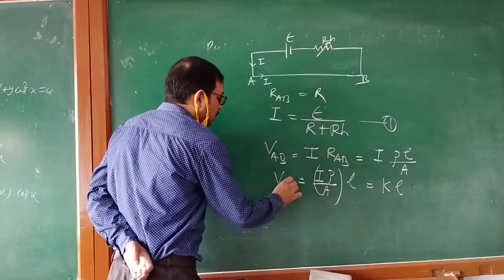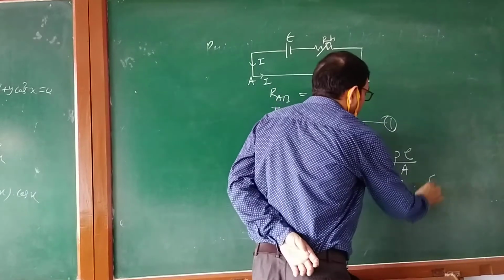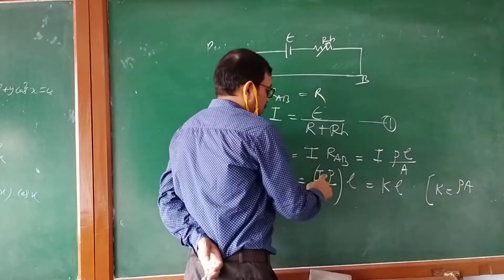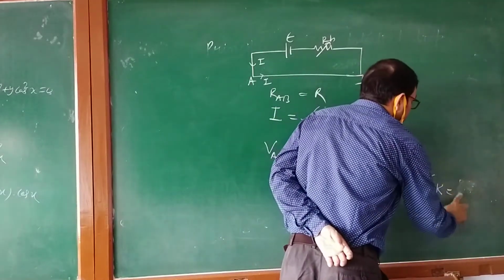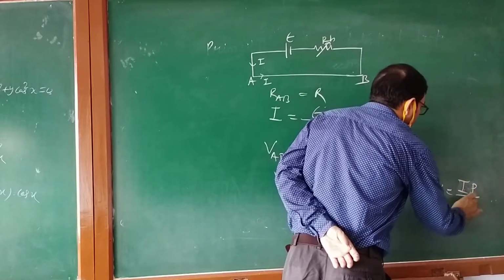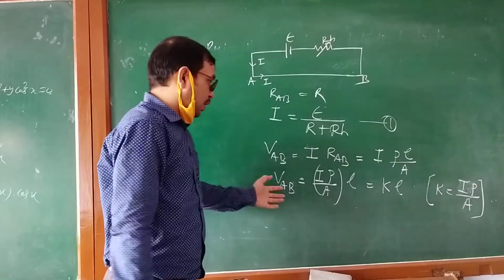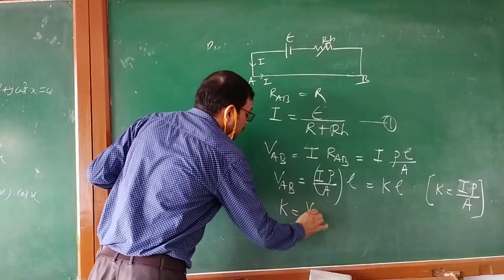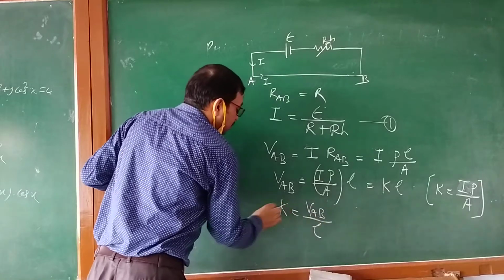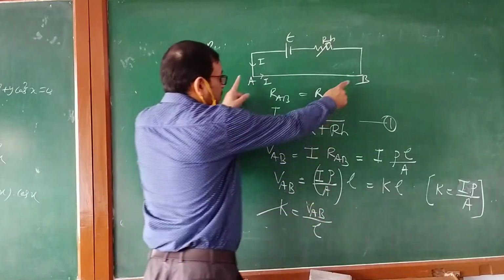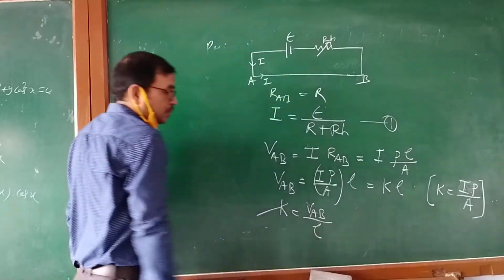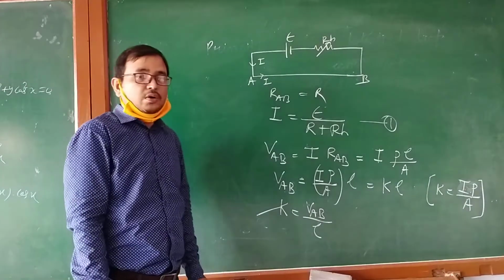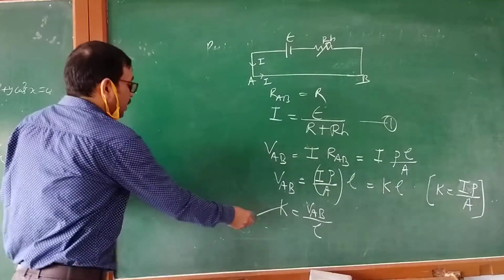So V_AB is equal to K into L, where K is equal to I rho by A. Now from this formula you can see that K is equal to V_AB by L. This is total potential difference by total length. Total potential difference across AB, that is across the potentiometer wire, by total length. This is known as potential gradient.